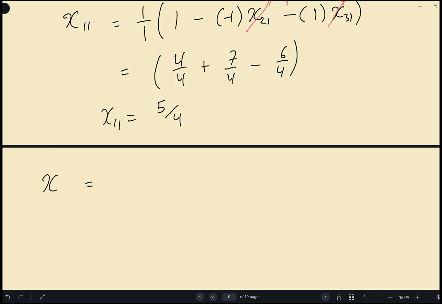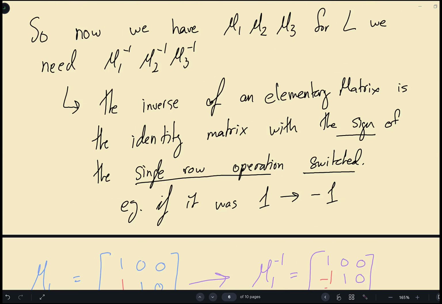So the advantage of having LU decomposition is that if I have this coefficient matrix A, which is unchanging, where I only change basically the B vector.